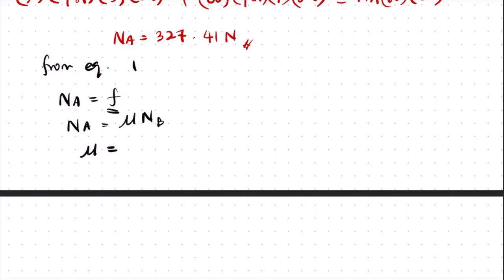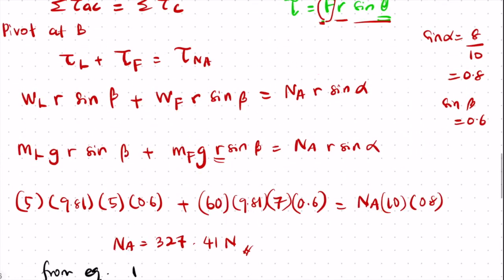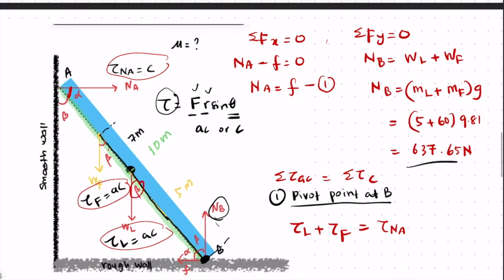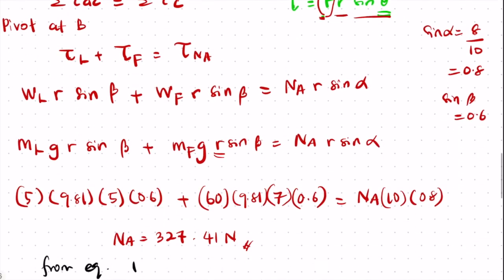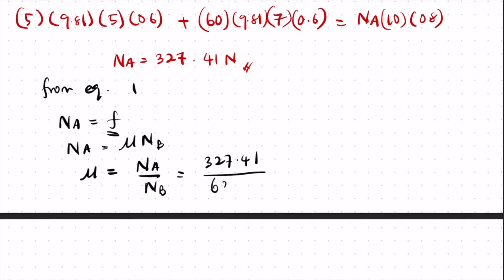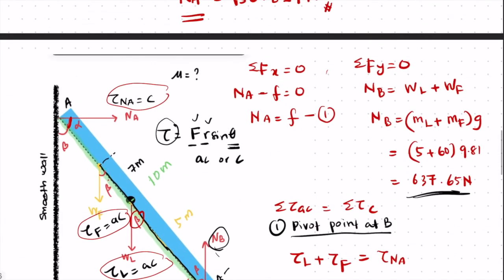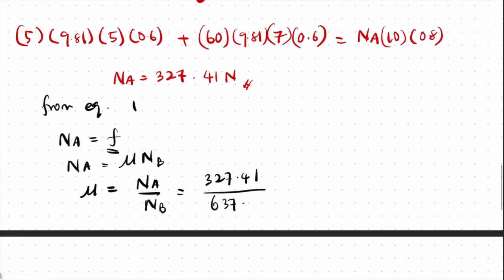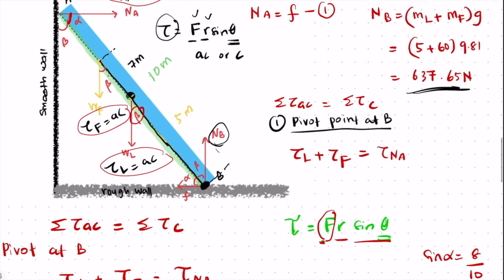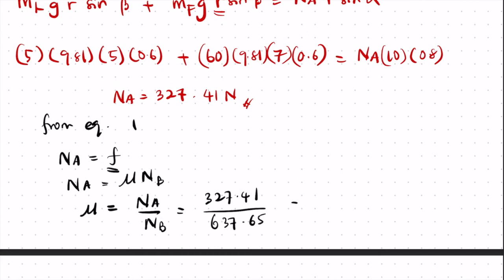We have to find mu, then mu is equal to NA over NB, which is NA 327.41 over NB, from here we get 637.65. Okay, then we will get 0.51.